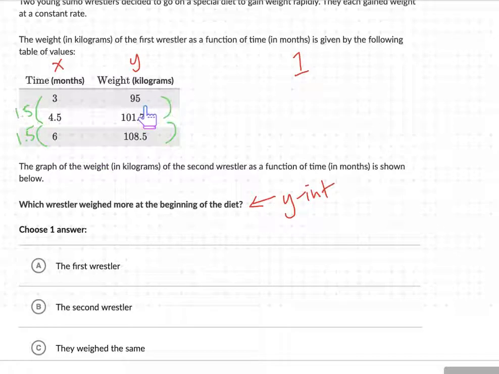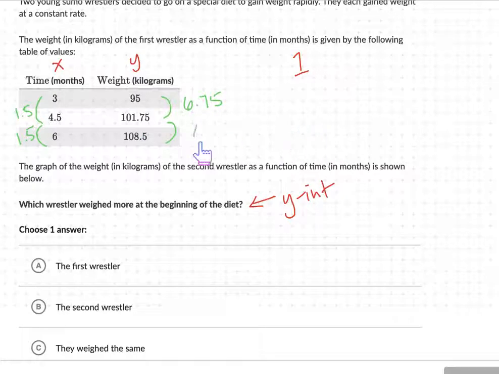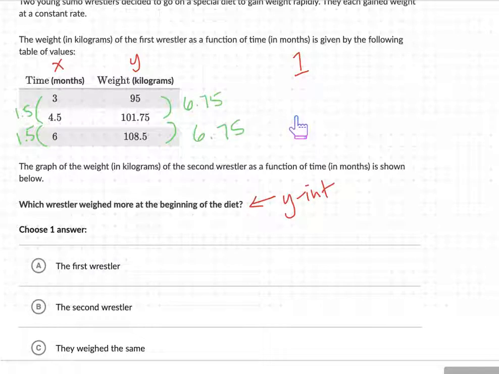Like I'm going to need a calculator for this one. 101.75 minus 95. So this is going up by 6.75. Then between these two numbers, 108.5 minus 101.75, that's also 6.75, which makes sense because it is going up constantly.